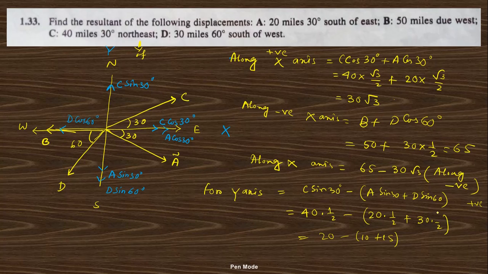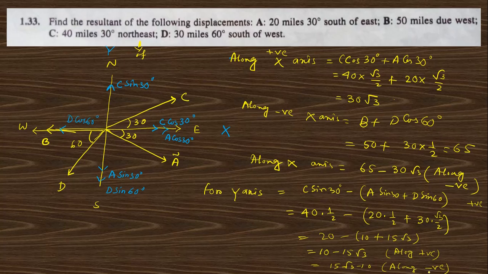So this is 15 root 3 and this will be 10. Since 15 root 3 is larger, this is 15 root 3 minus 10 along the positive y-axis.